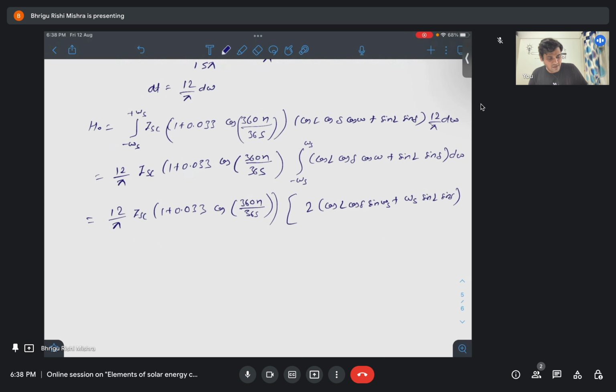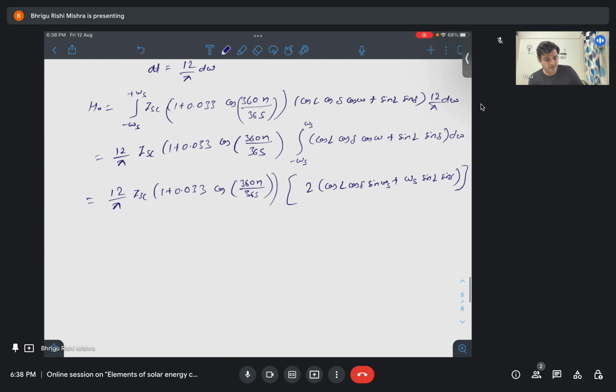This is a simple integration which can be done very easily. Cos omega integrates to sin omega, and since there is no other quantity, consider it as 1, so the integration of d omega is nothing but omega.